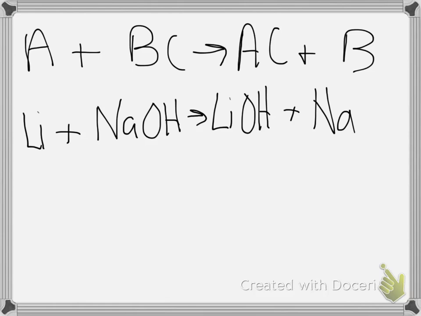In this problem, the Na and the Li are switching places. In this case, sodium's a +1 and lithium's a +1 when it's in that compound, but it may look slightly different if there is a difference in charges. We'll look at that in a little bit.